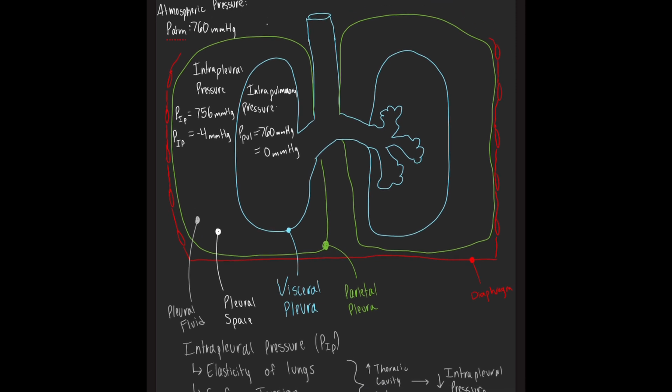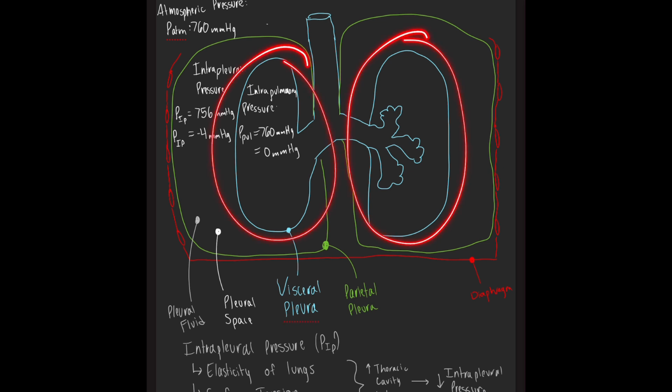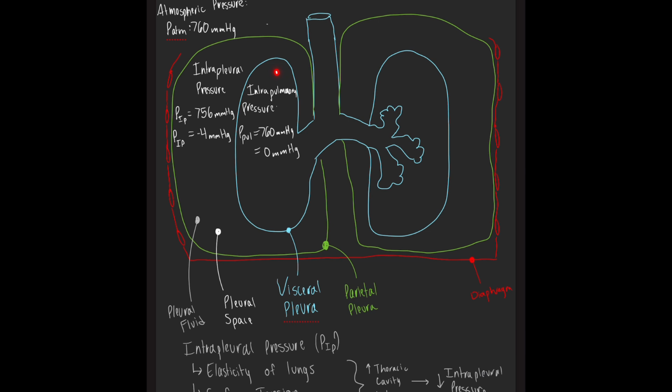So right here we have the lungs. Let's get into a little bit of the anatomy of it. So what are we looking at here? Right here, we can see these lungs. The technical name for these is the visceral pleura. And then in the green here, we have this other area that our lungs hang out in.